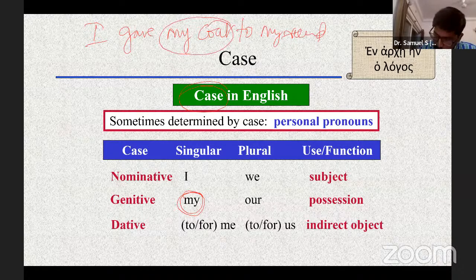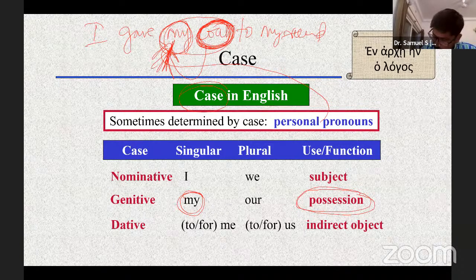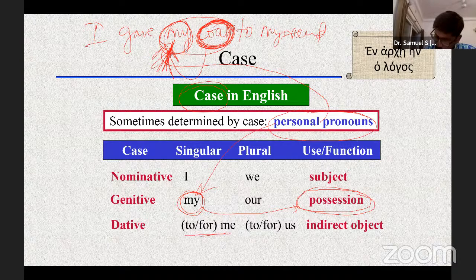This word my, a personal pronoun, is showing that the coat, which is a noun, belongs to me. It's my possession. Personal pronouns can indicate possession, right? And in some other ways, this word to or for can also indicate that there is an indirect object.